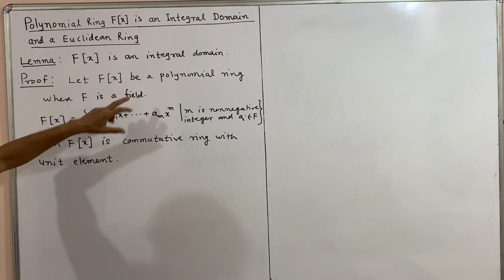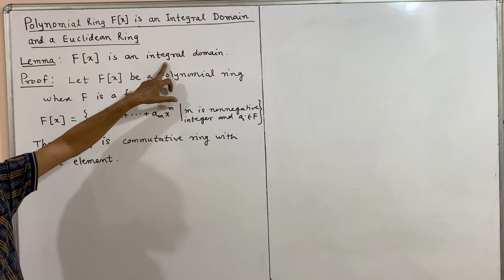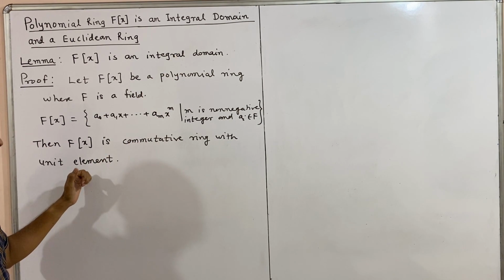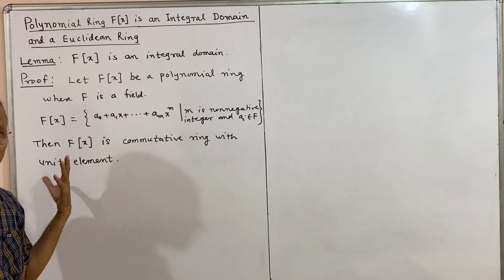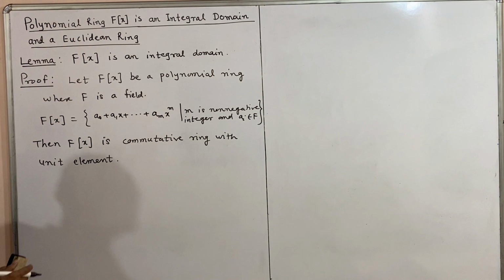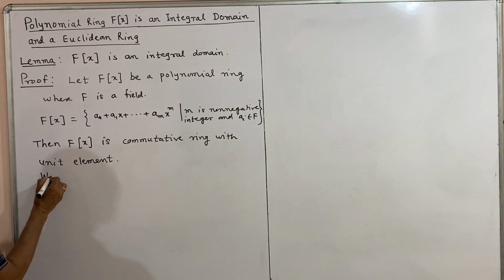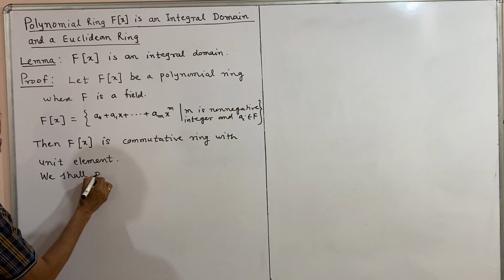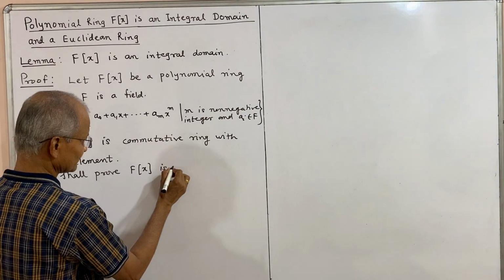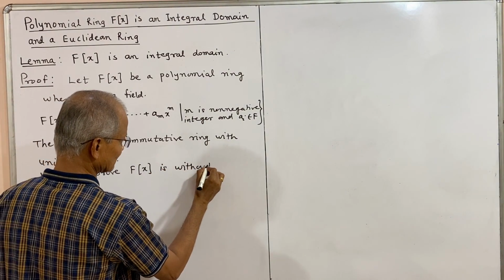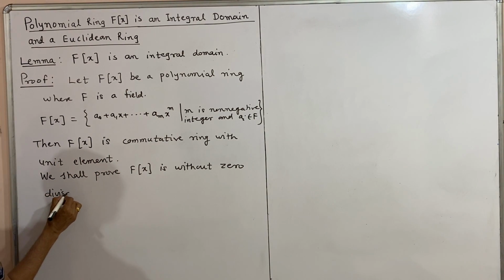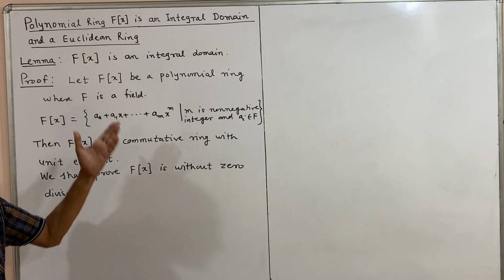Now, what we require to prove is F[x] is an integral domain, and by definition an integral domain is a commutative ring with unit element without zero divisors, and therefore we need to prove that it is without zero divisors. If it is without zero divisors, then it becomes an integral domain.